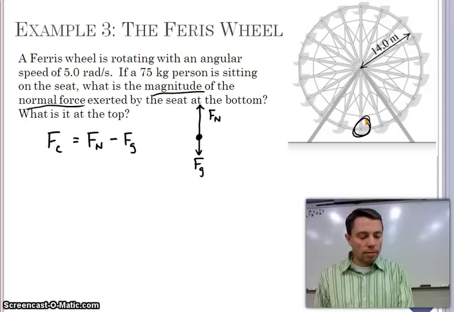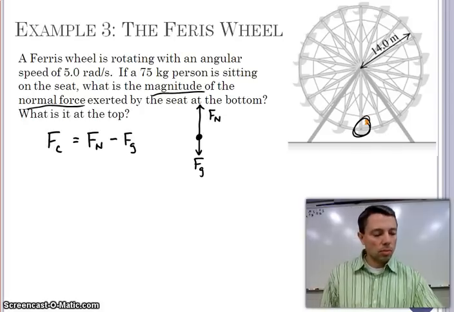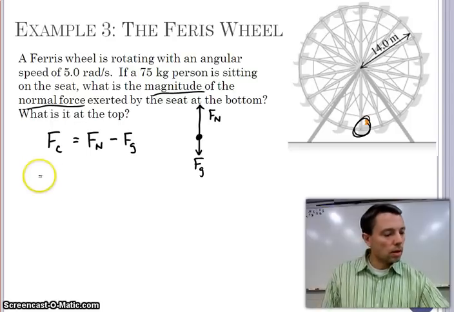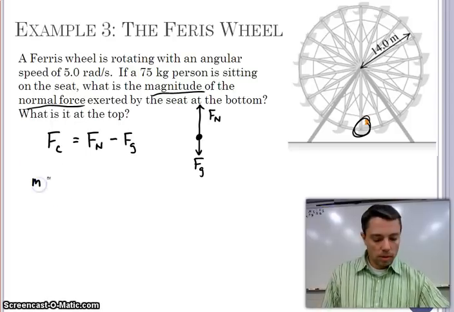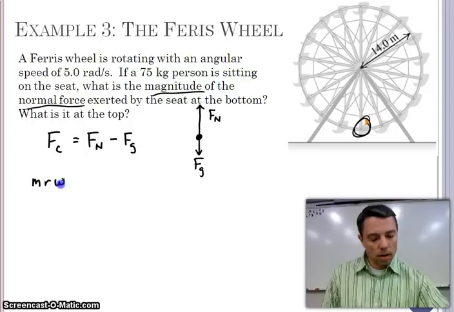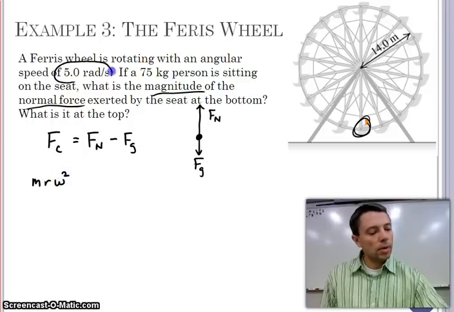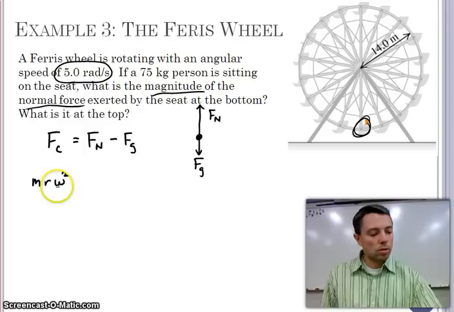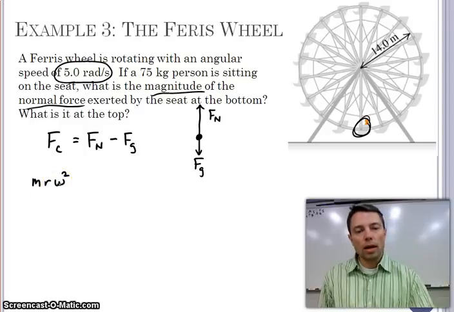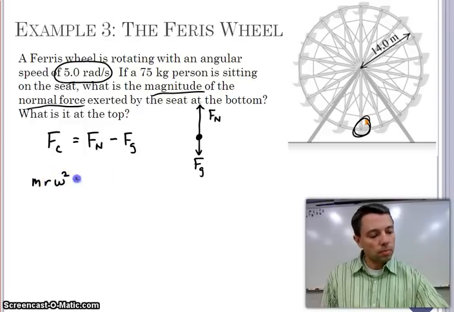Now, again, net force in this sense is centripetal, so I can replace Fc with m, and I'm going to use r omega squared because I have radians per second. I know the speed in radians per second, so I want to use an angular velocity.